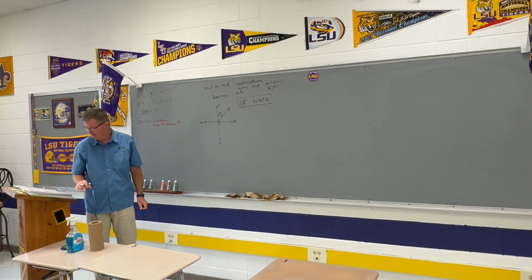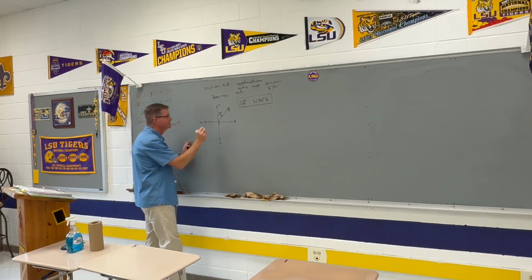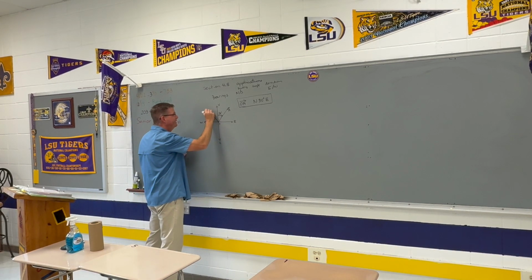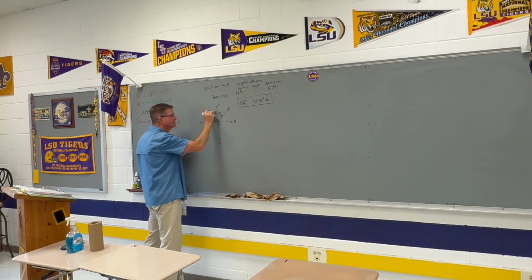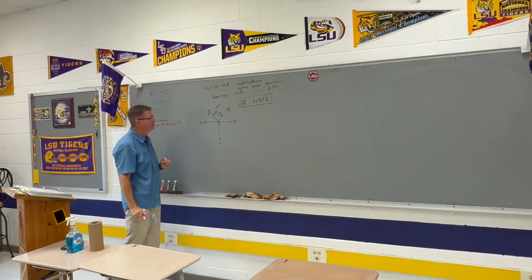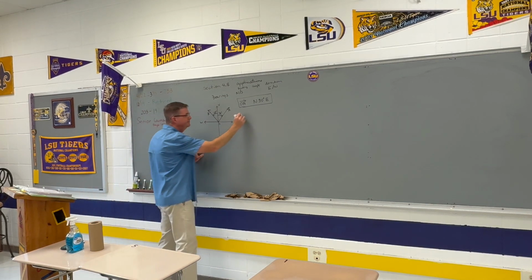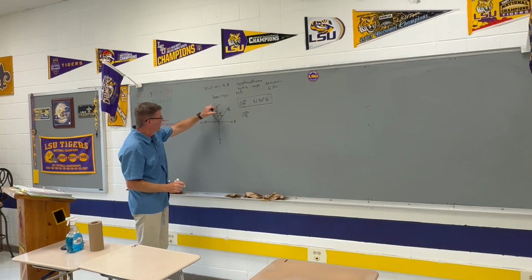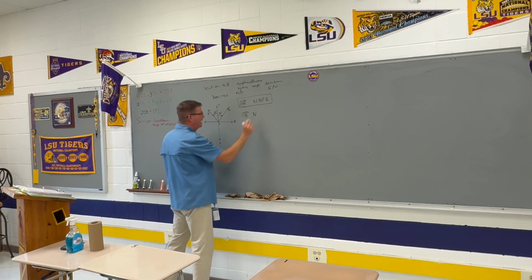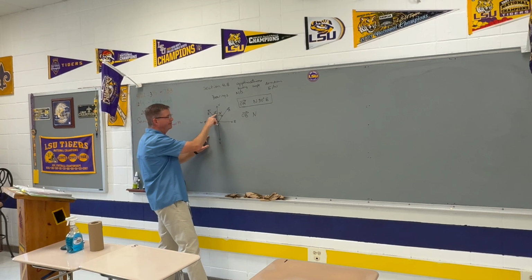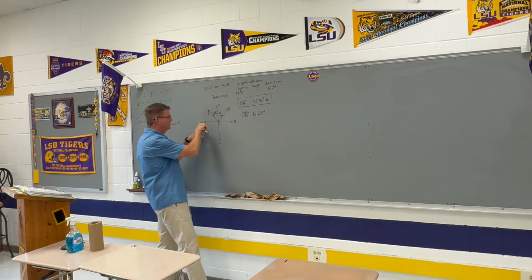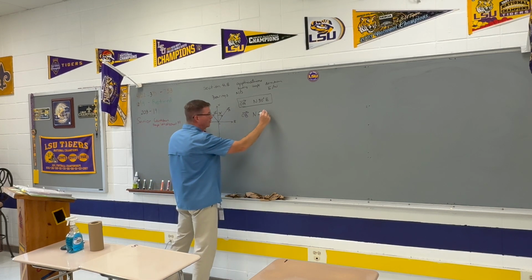So if I put a couple of other ones up here, suppose I had OB, and this would be 25 degrees. If I'm looking for the bearing for ray OB, I'd have what? North, because it's going up. How far off of the north? 25 degrees off the north. And then what? Towards the left, so it'd be towards the west.